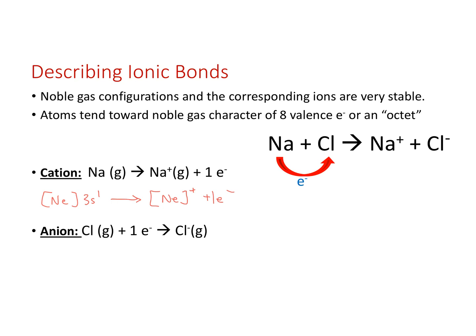Let's look at the configuration of chlorine. Chlorine is neon 3s2 3p5. Remember, I can hold a maximum of 6 electrons in my p orbitals. So when I add in that extra 1 electron, the electron that sodium lost, that extra electron will fit into the 3p orbital, giving me the electron configuration of neon 3s2 3p6, which is isoelectronic with argon.